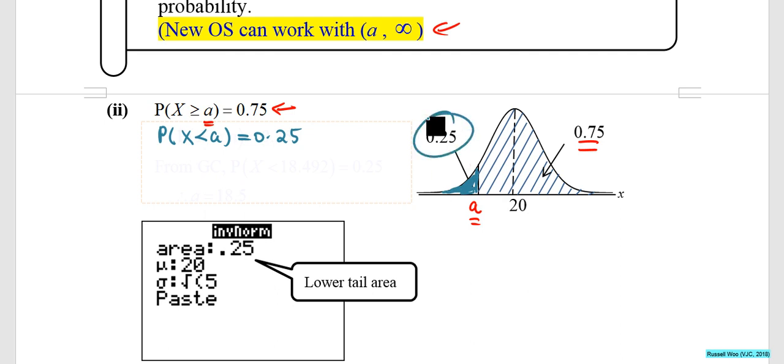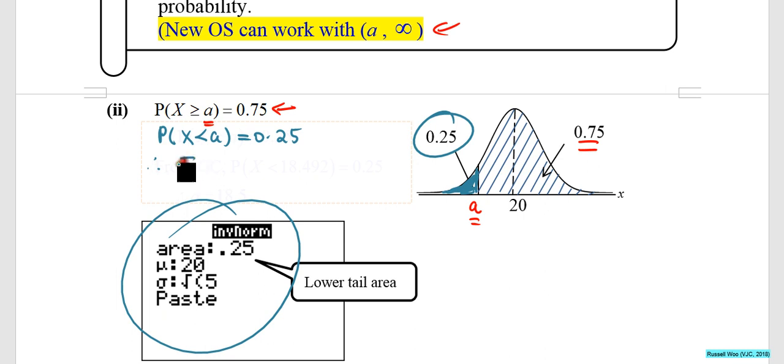Only then can I use GC here. Then you enter the same thing, and from GC, you enter this, you will get A equals to 18.5.